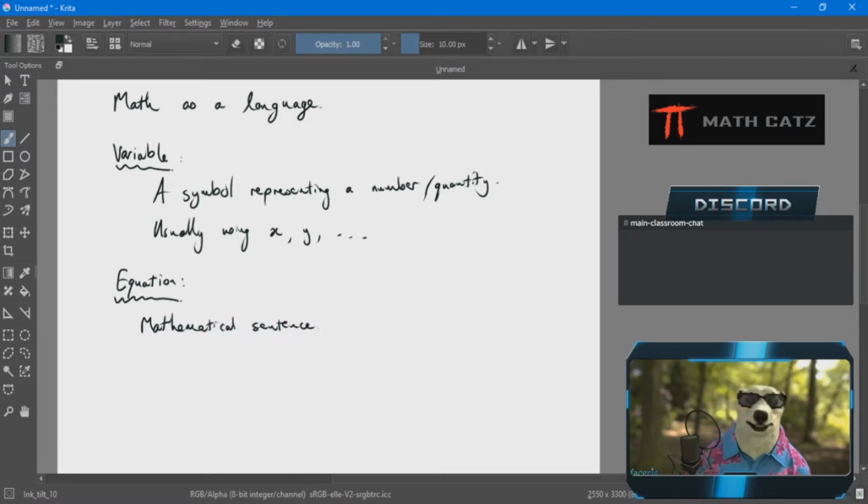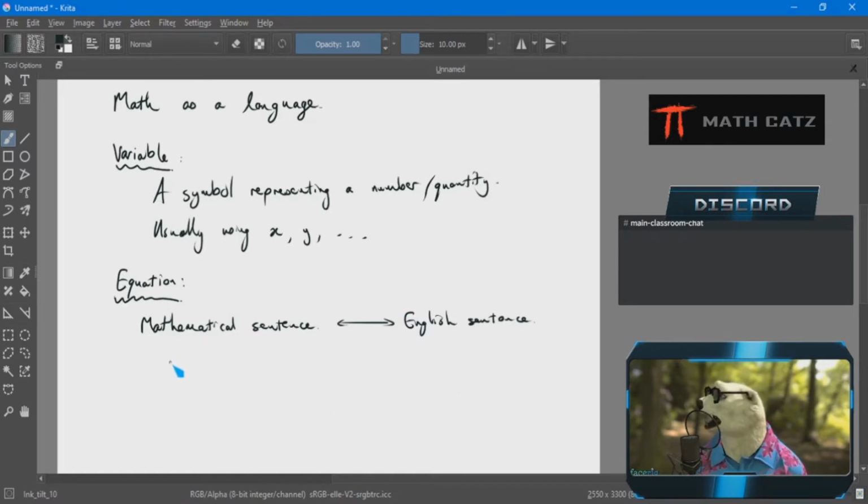So just like you're saying some sentence in English, this language has sentences as well. And it has a grammar and a structure to it, which means I can translate a mathematical sentence to and from an English sentence, or whatever language you are speaking. If it's a language, I should be able to translate to and from it.